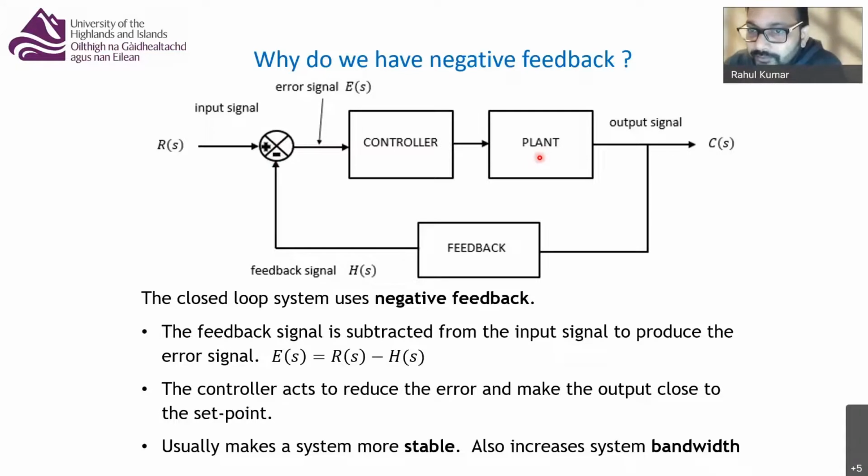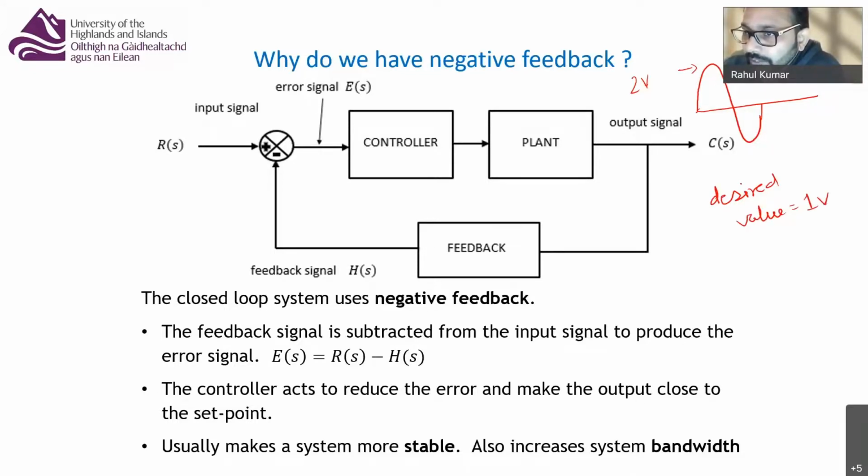So if you have a negative feedback, what is happening? You are getting an error. The controller and the plant try to reduce it. Maybe in the second run your error might reduce. Let's say initially I get an output something like this. The amplitude of this signal is maybe 2 volts, but the desired value of my output is 1 volt.